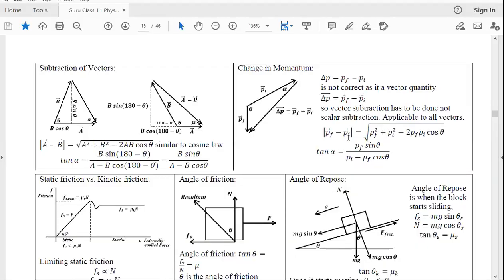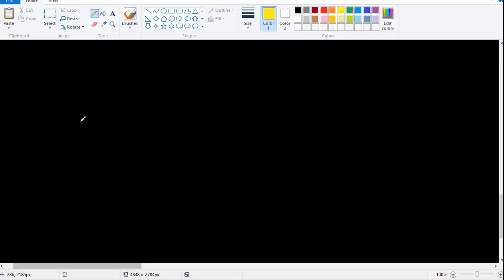Okay, let's go to the next topic. So why did I talk about subtraction of vectors here? Because very often you will get into a situation where a ball was moving this way. There is a mass and a velocity, which means the momentum is mass into velocity.